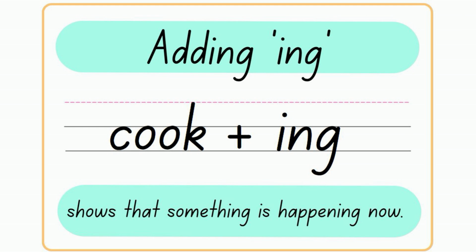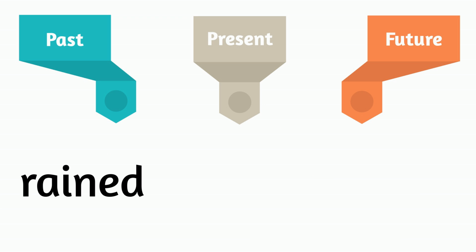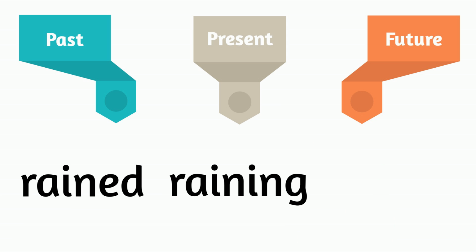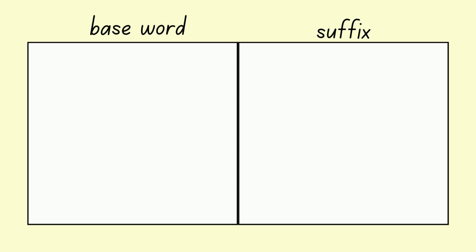When we add the letters ing to the end of a word, it shows that something is happening now. The present tense for the word rain is raining. And if it's going to happen in the future, tomorrow it might rain, we can just use the base word, rain. I will write those three words into their base word and suffix boxes.